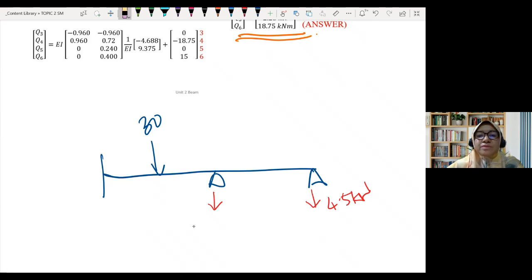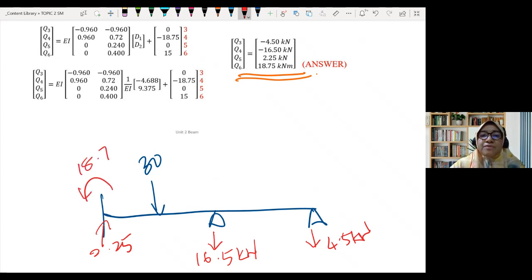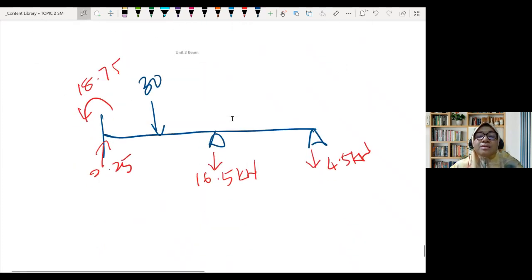We don't have to put negative, the direction represents negative. 16.5 kilonewton. Q5, 5 is also Y direction. This is 2.25. And the moment is counterclockwise, 18.75.